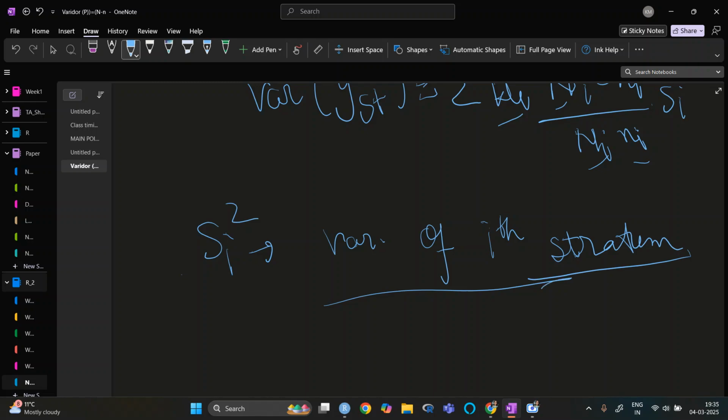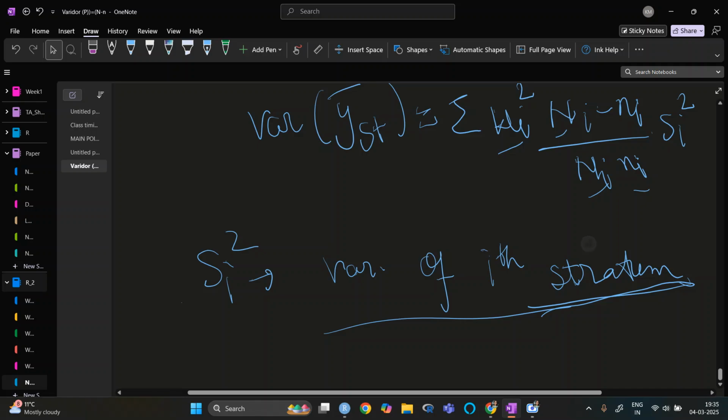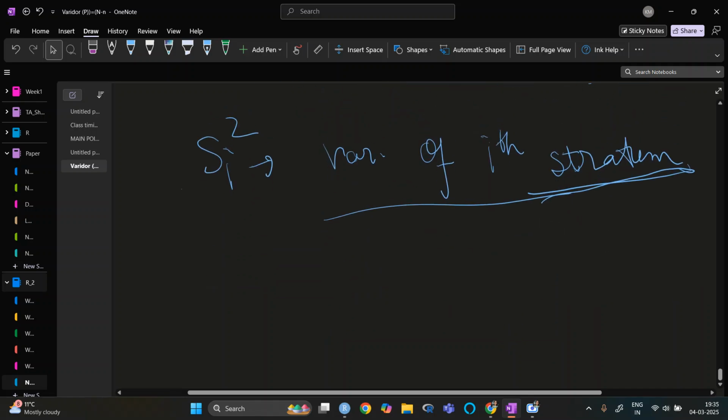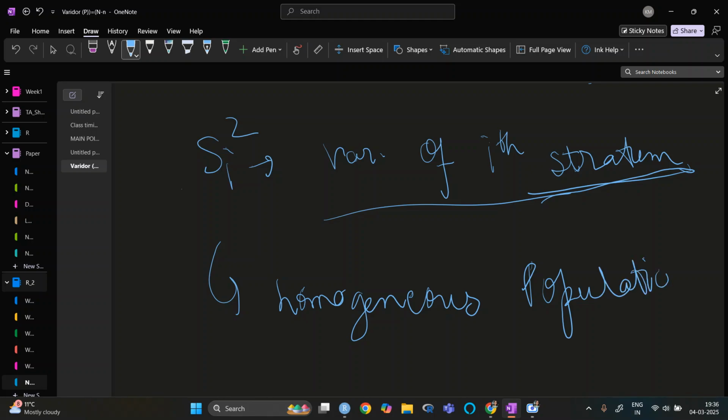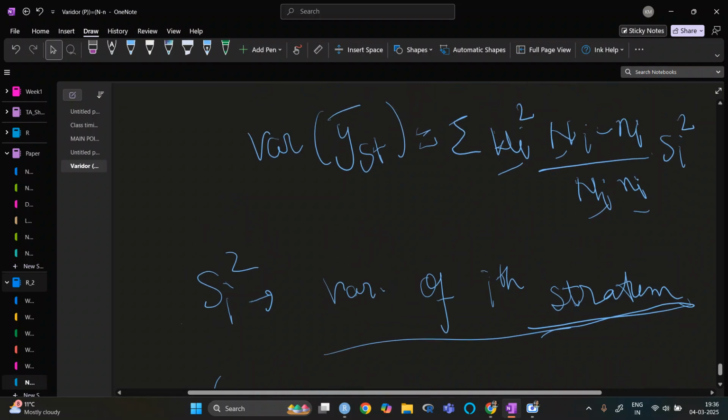So if I want to decrease the overall variance, what I need to do is decrease the variance inside a strata. So that is the reason we need to take a homogeneous population. It is completely dependent on Si square.